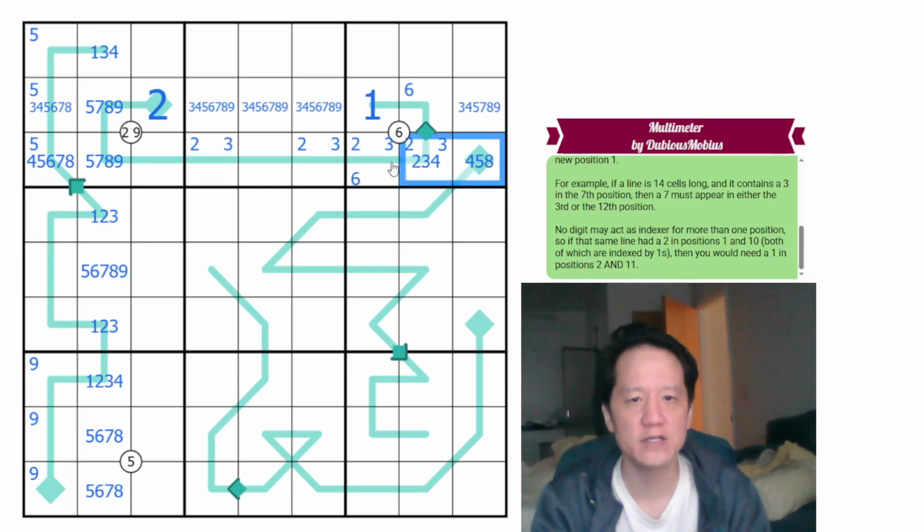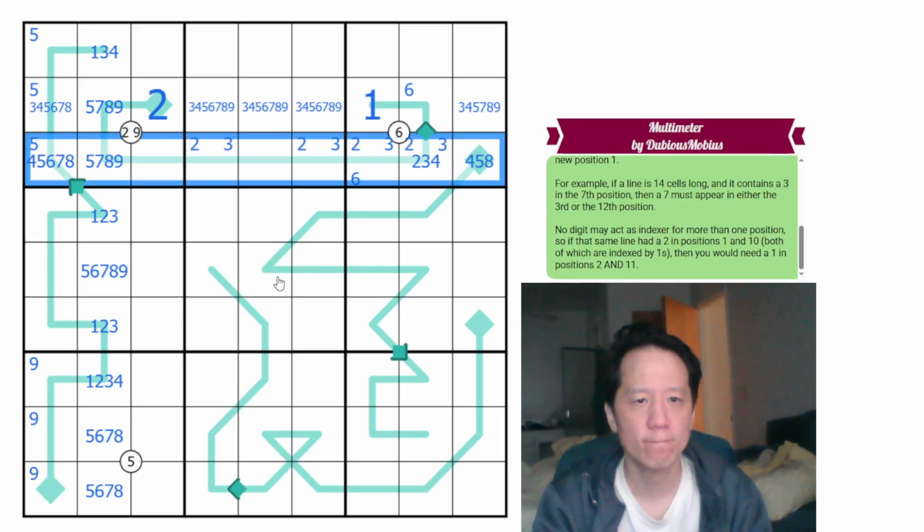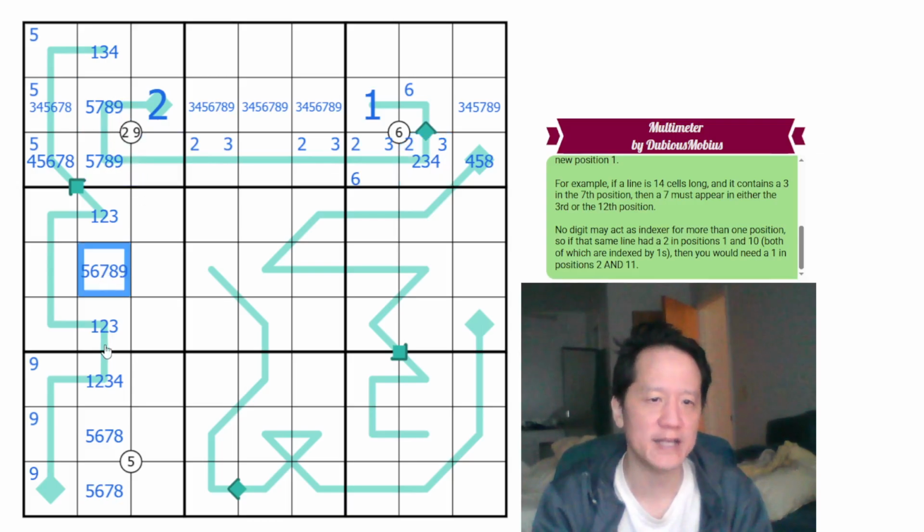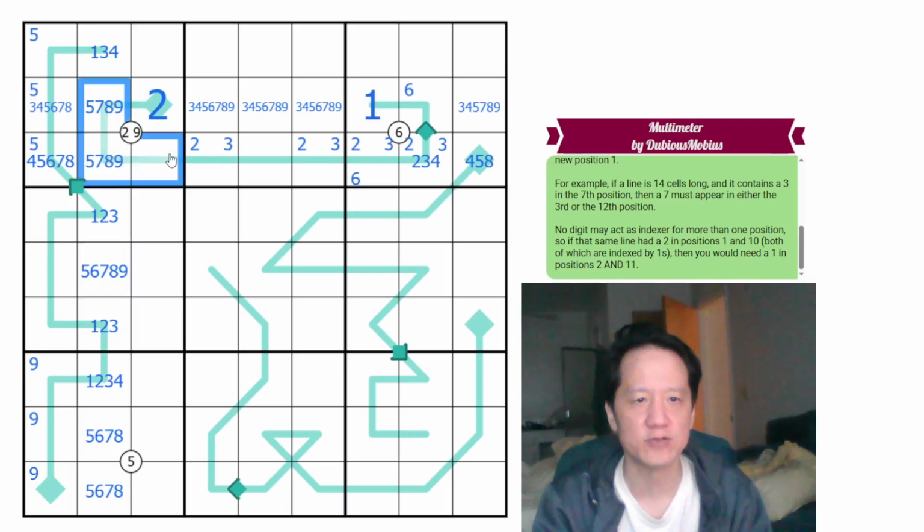Well, where is the 9 now? This could be 4. Huh. Maybe that's another one that I messed up. Anyways, okay, so 9 has to be one of... Yeah, okay, well, I didn't know that was not a 9, so that was one issue.